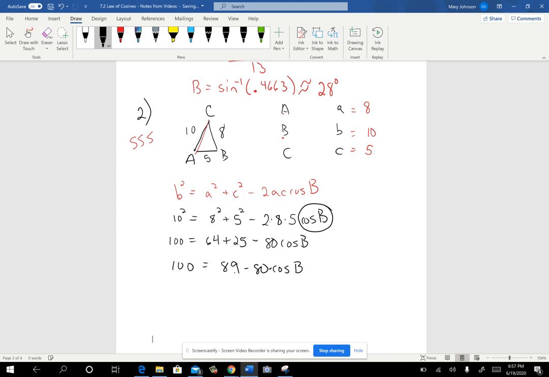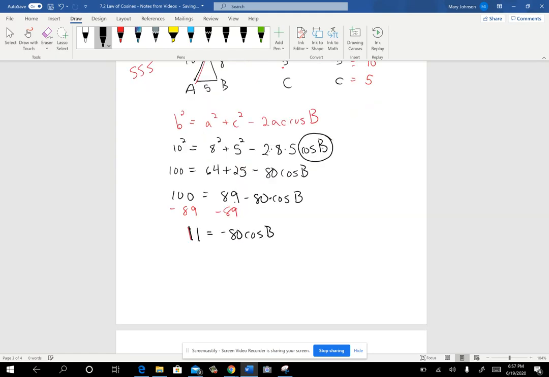This one's attached to that cosine B. But what I can do is take away the 89 from both sides. So that's going to leave me with 11 over here, and negative 80 cosine B.